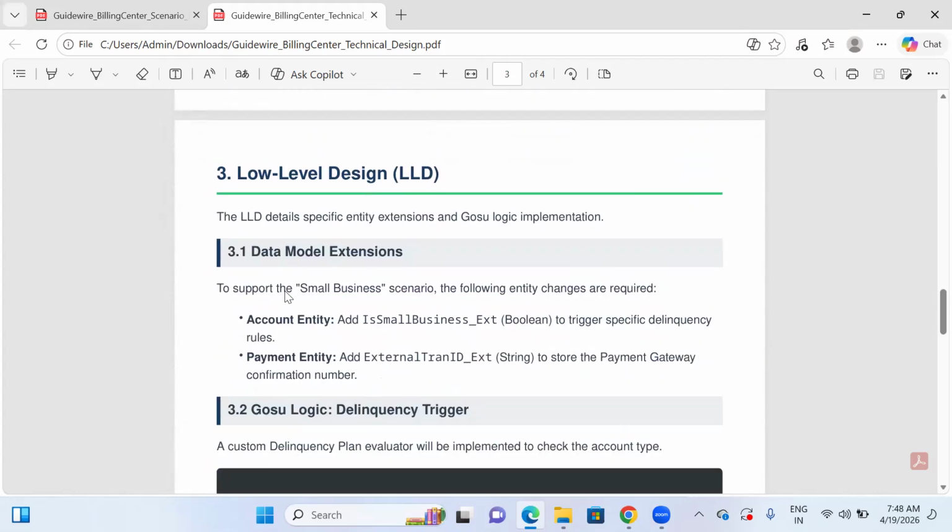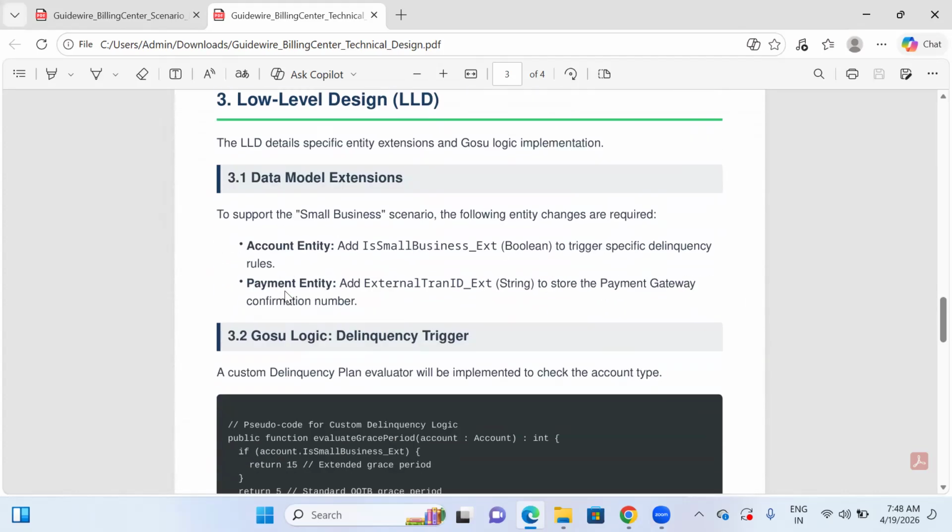Now, what should be the low-level design? Low-level design majorly specifies the entity extensions and goes on to logic implementation. For data model extensions, the first one is the Account entity, which we update in Developer Studio by adding a small business underscore extension.